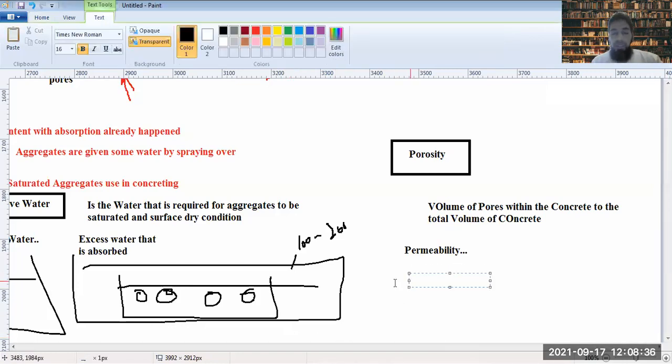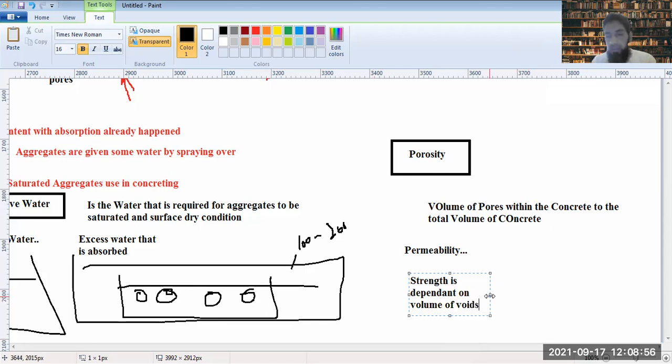and the strength of concrete is dependent on that porosity. As I just explained to you, it is dependent on the volume of voids. Simple.